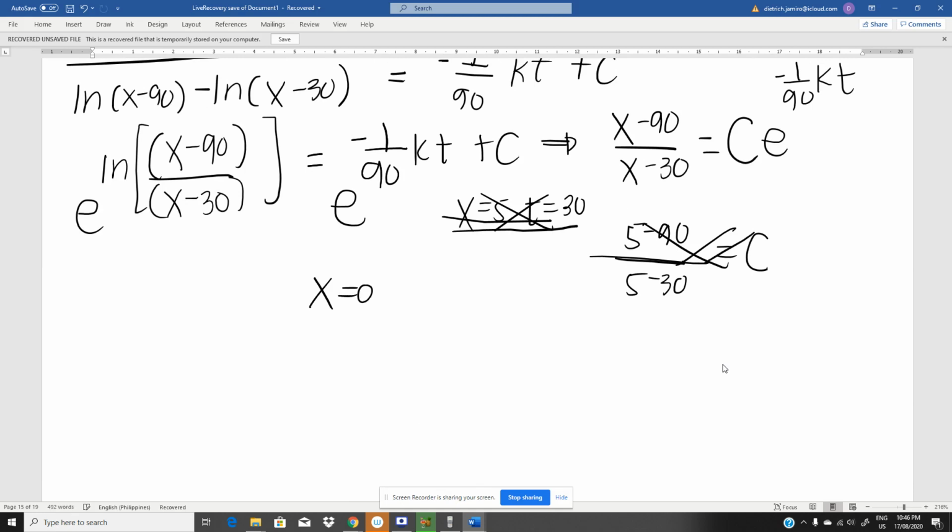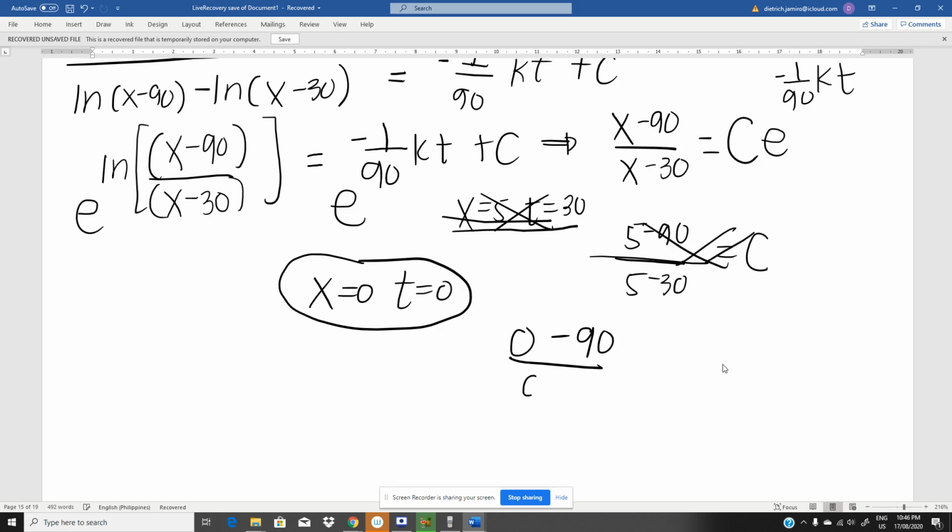When x is equal to 0, when it's not yet starting, and t is equal to 0, we have no product formed when t is equal to 0. We will substitute this first to get our c. So we will have 0 minus 90 all over 0 minus 30 is equal to c multiplied by exponential of negative 1 over 90 times k times 0.